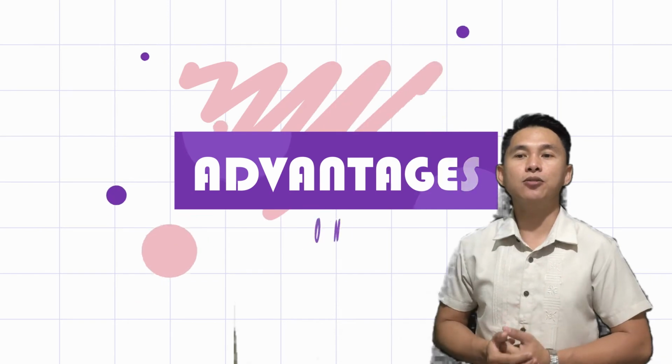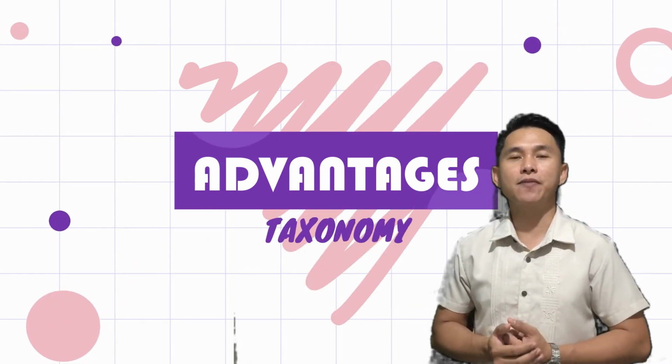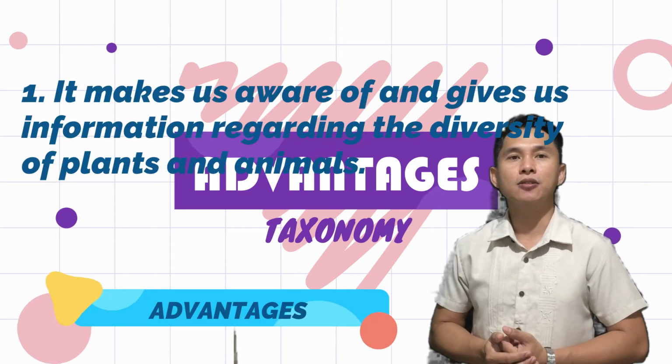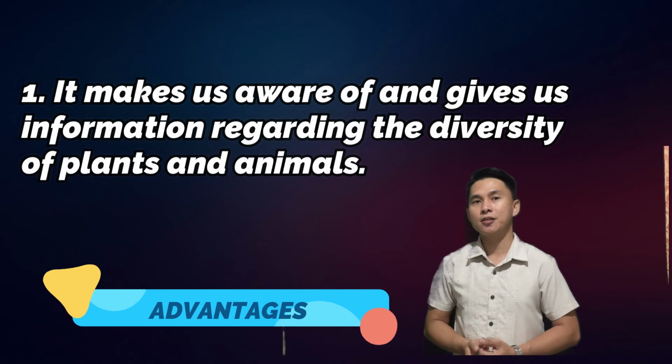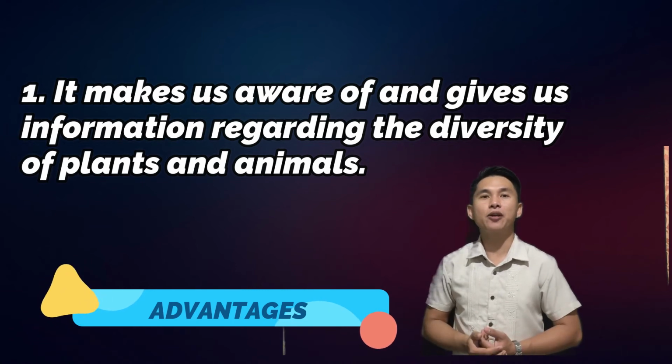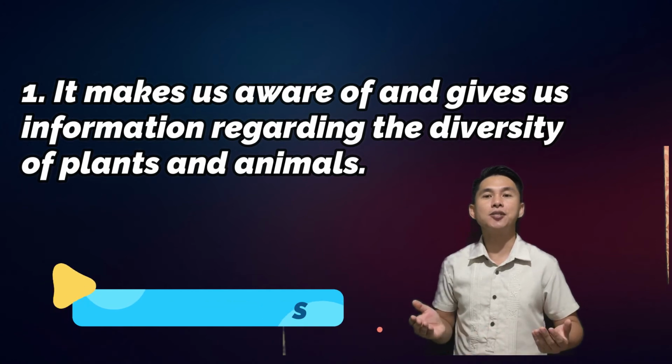Let's proceed now to the advantages in taxonomy or classifying organisms. One of the advantages is it makes us aware of and gives us information regarding the diversity of plants and animals.